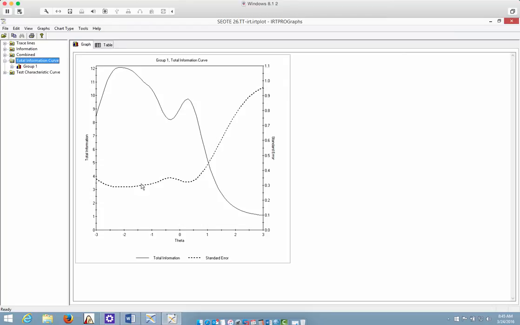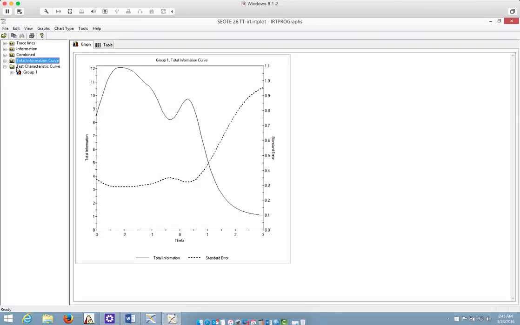And notice that this dotted line, the standard error, is smaller for these lower levels of agreement response categories because our information is larger, and so we have more precise measurement. Whereas at these higher levels of agreement, our standard error is higher, our information is lower, so we have less precise measurement.